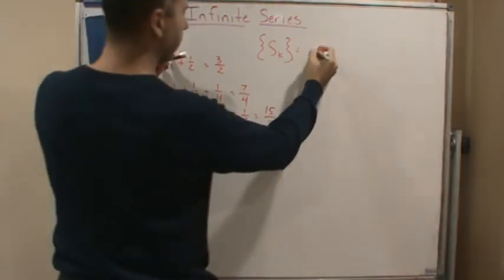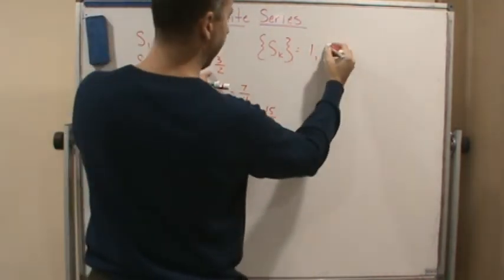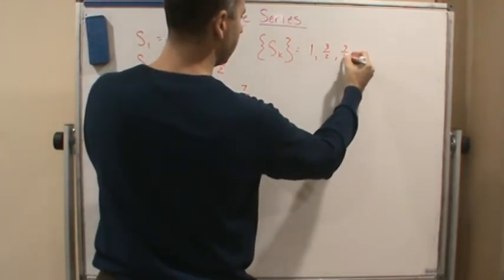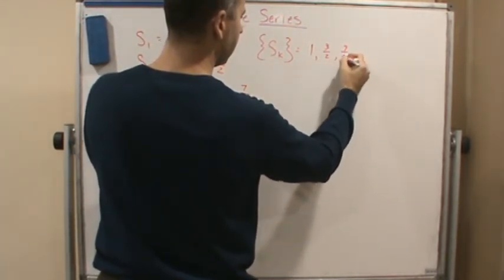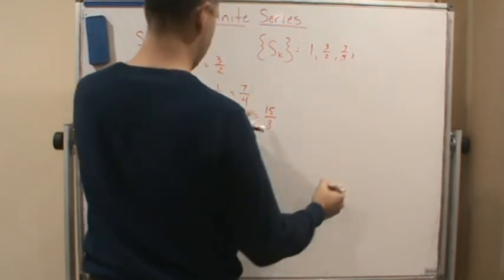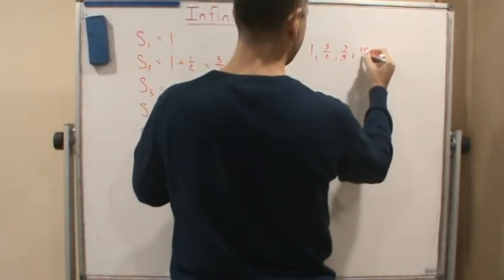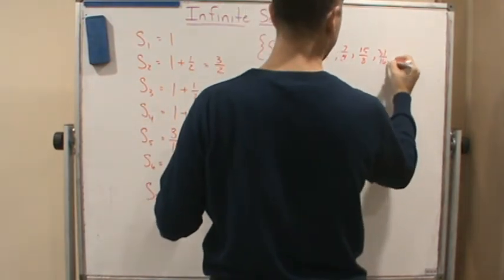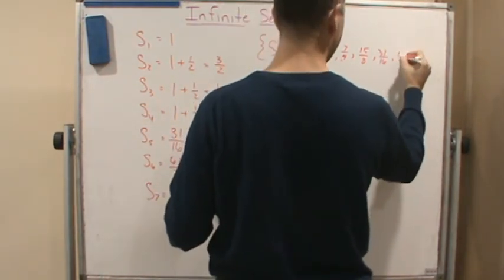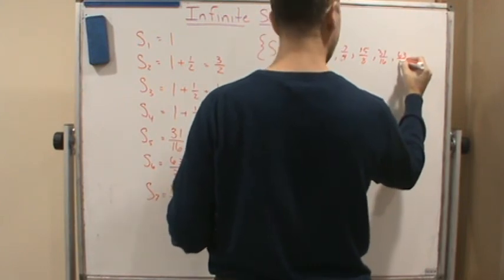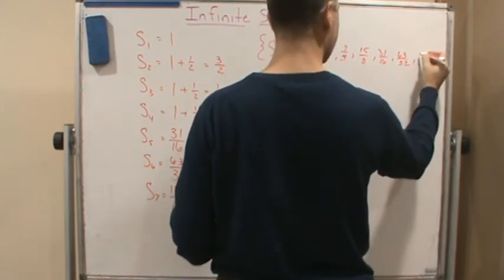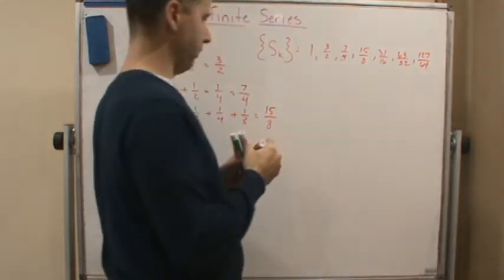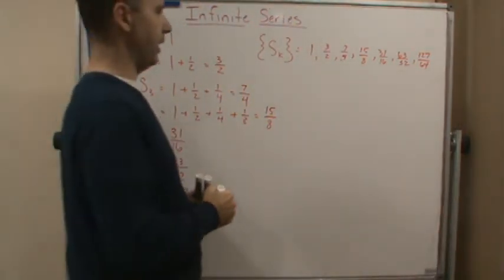So we got 1, 3/2, 7/4, 15/8, 31/16, and then it keeps going on and on, right?